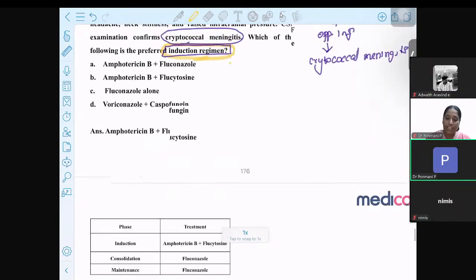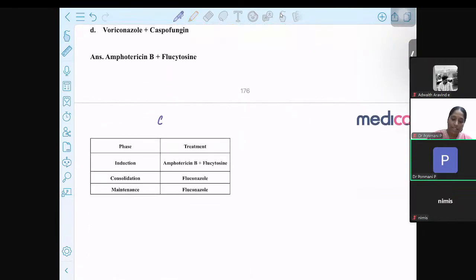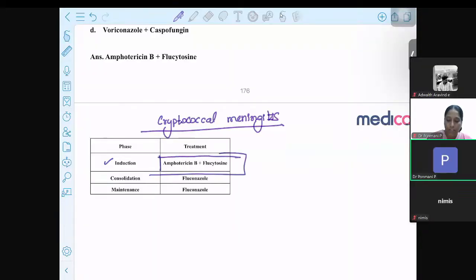So for the treatment of cryptococcal meningitis, you need to start the treatment in 3 phases. That is induction. Induction means you're going to start it with amphotericin B and flucytosine. Please do not forget, it is amphotericin B and flucytosine.